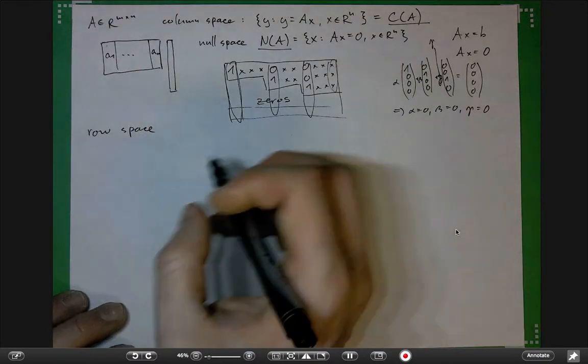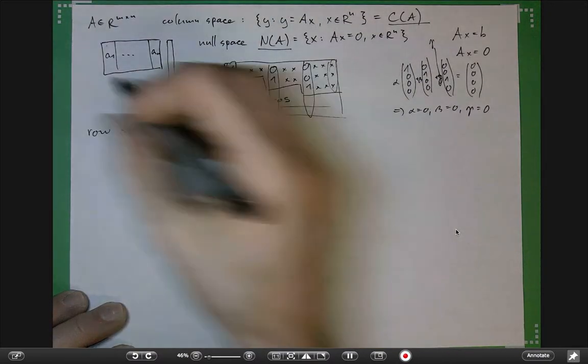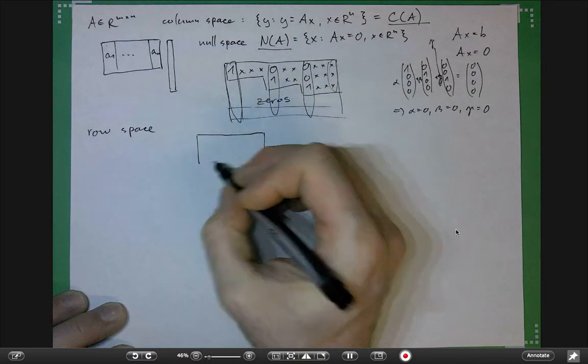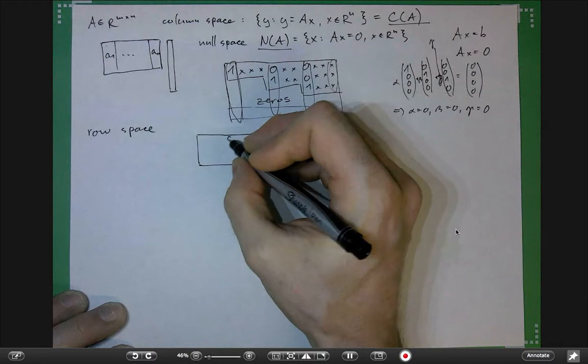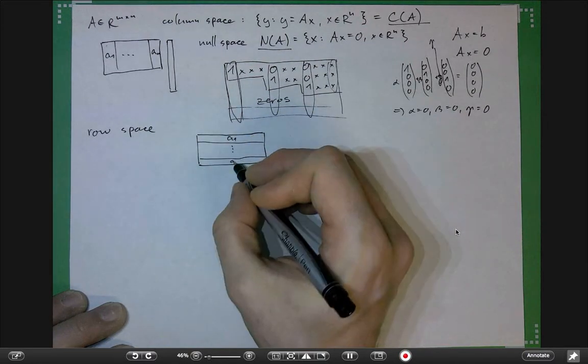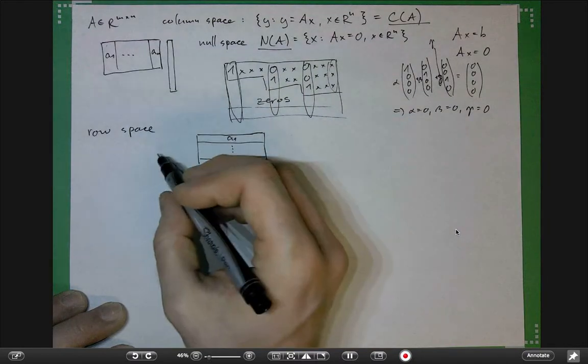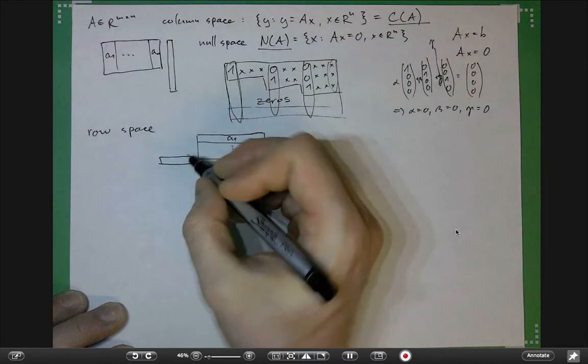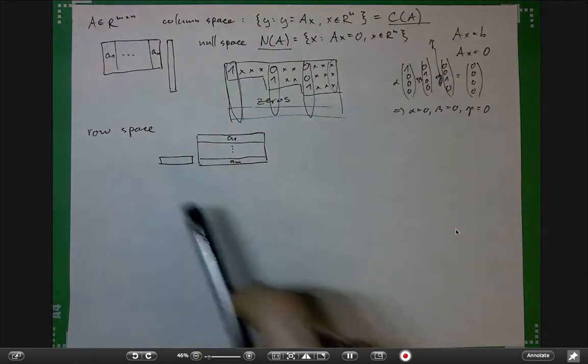So there are two ways to write it. If I have the same matrix as before, but now I'll be looking at its rows, so it has m rows. The linear combination of the rows I can write like this. So it'll be some coefficients of my linear combination. And this is a matrix product.